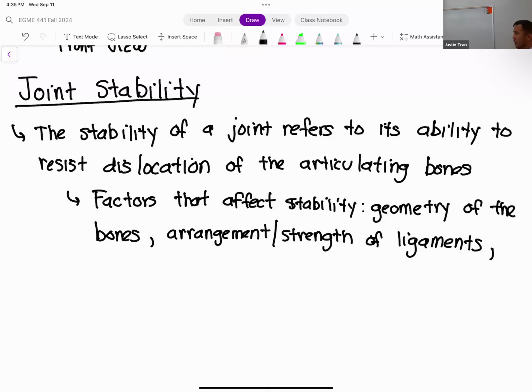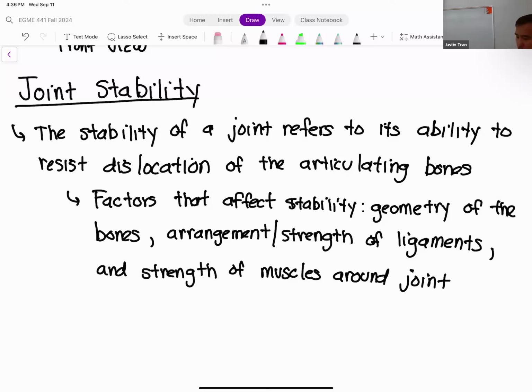The third one is the strength and the amount of muscles in the area. We mentioned at the end of class on Monday that a lot of these joints have muscles that cross over the joint.